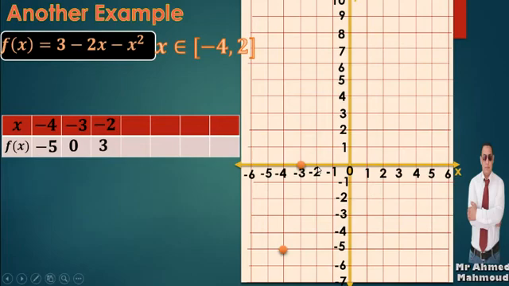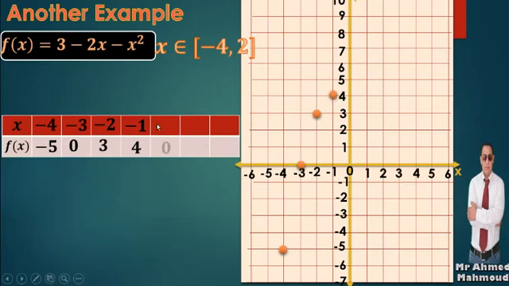Negative 2 and 3 appear in this position. And the next point is negative 1: 3 minus 2 times negative 1 minus negative 1 to the power of 2 equals 4. Negative 1 and 4 appear here.